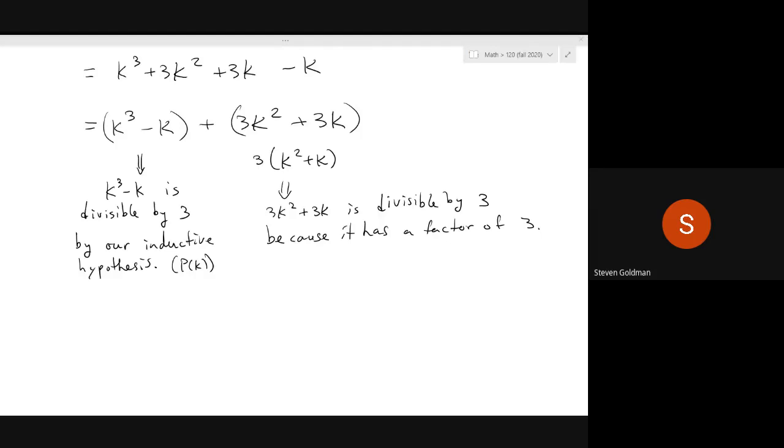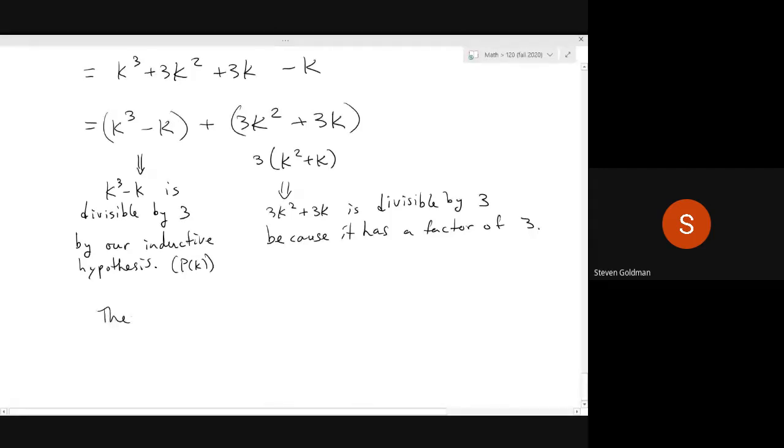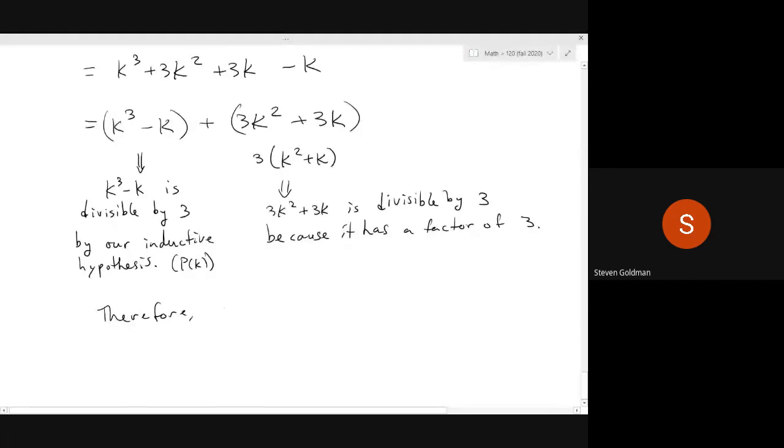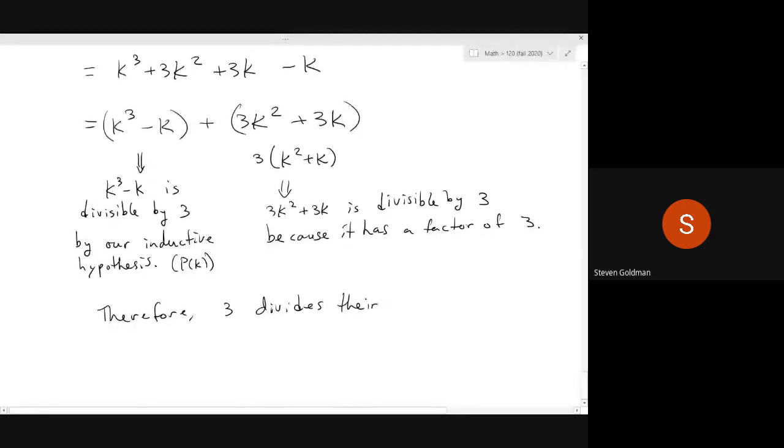That's a theorem we did back at the beginning of 4.1: if A divides B and A divides C, then A divides their sum, A divides B plus C. That was last week. So if 3 divides the first part and 3 divides the second part, then by that theorem, therefore, 3 divides their sum.